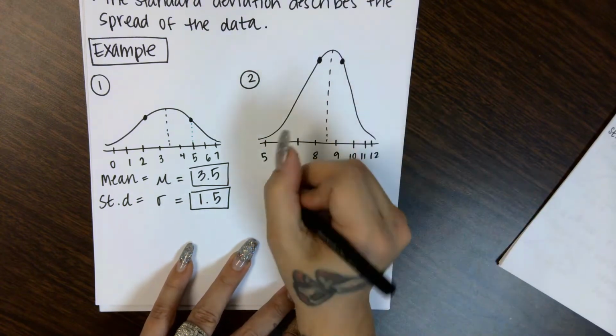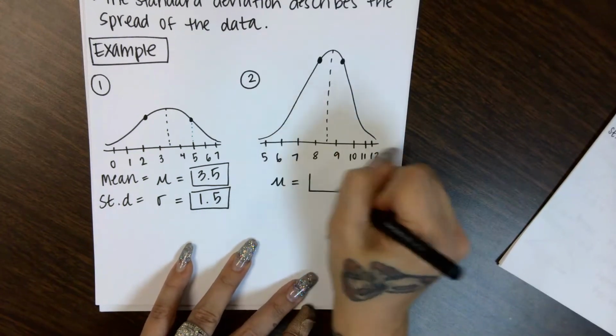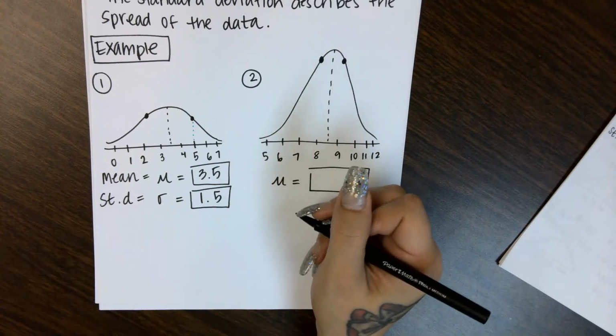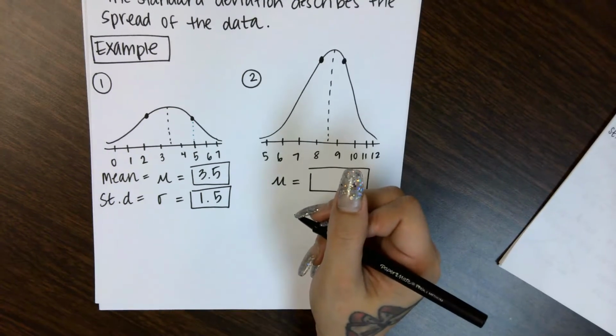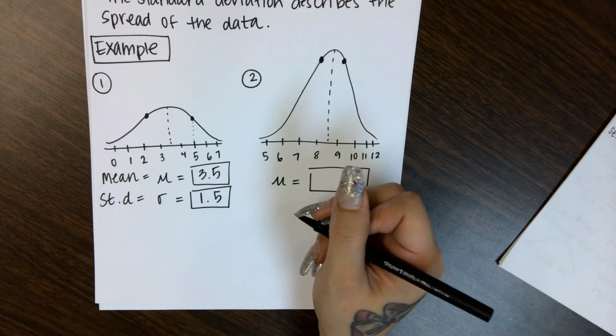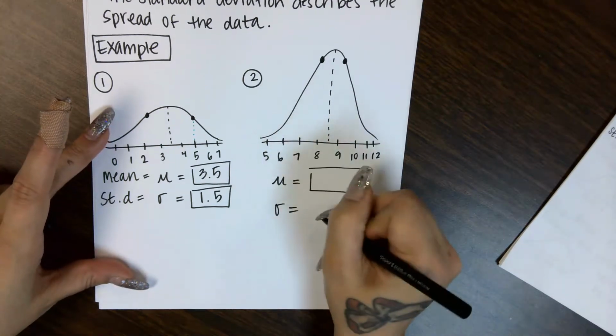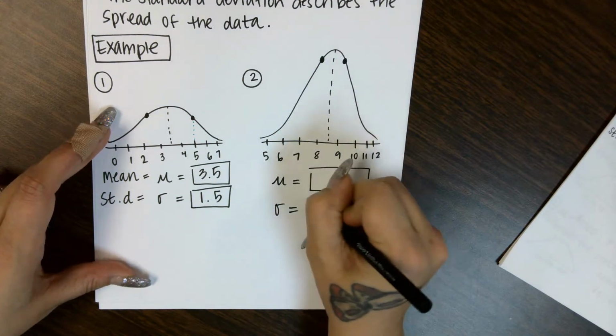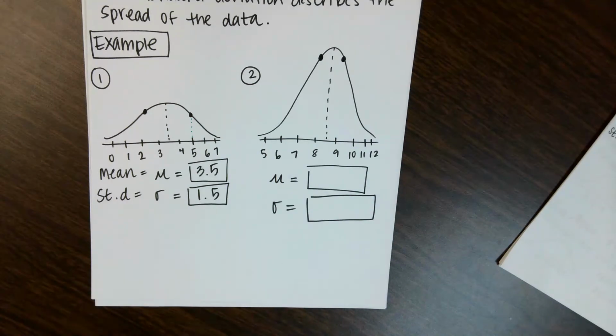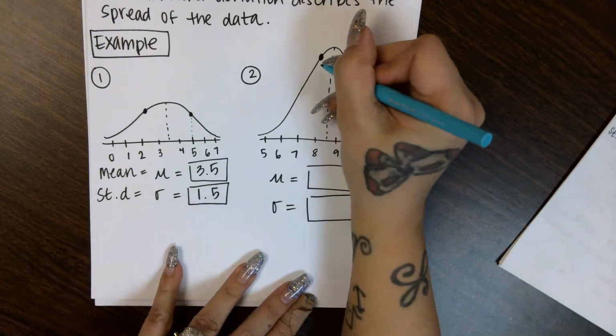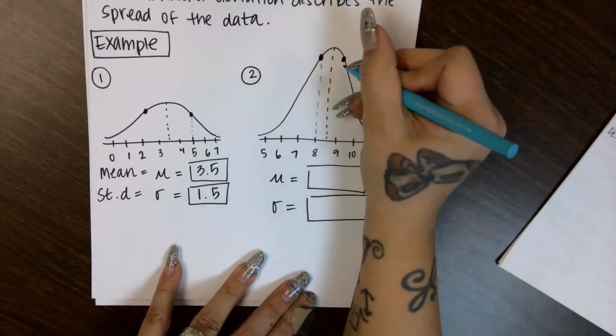If it asks me what my mean is, I'm going to do a blue line for where my inflection points are.